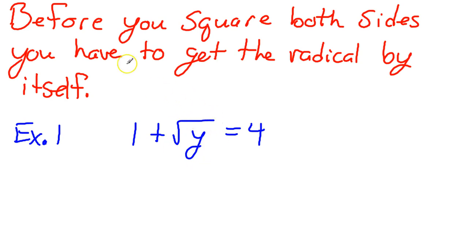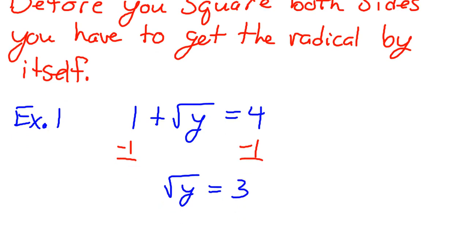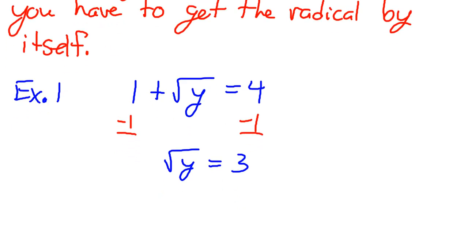This square root's got to be by itself. And you've got this positive 1 in front, so you have to subtract 1 from both sides. So 4 minus 1 is 3, so you've got the square root of y is equal to 3. And when you square both sides, you get y equals 9.